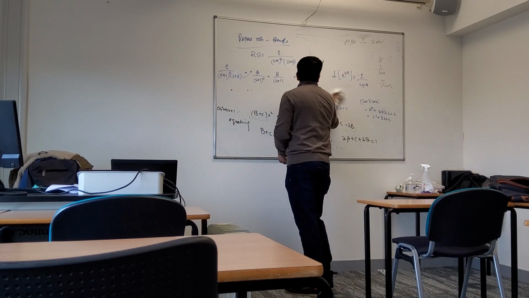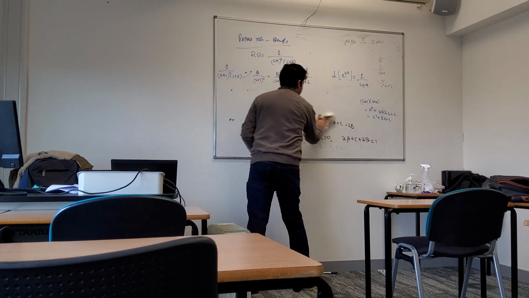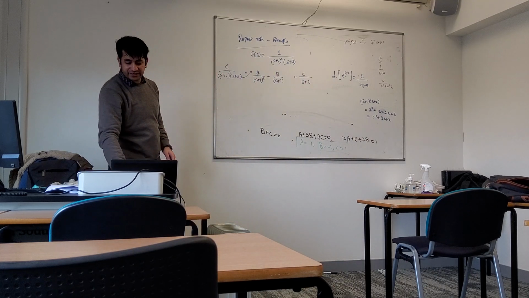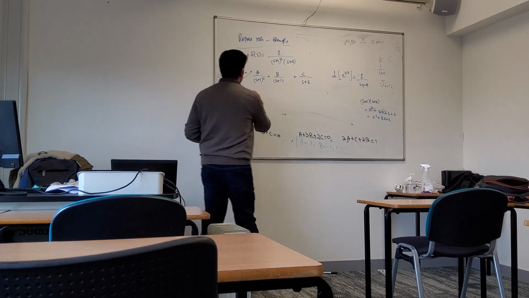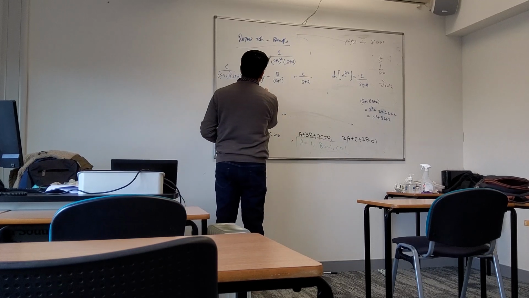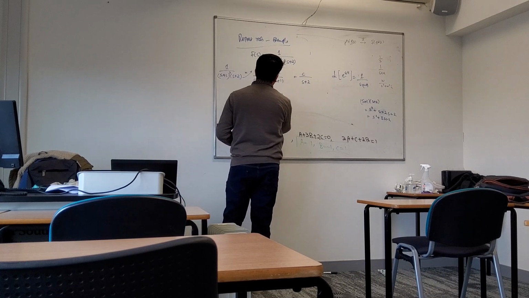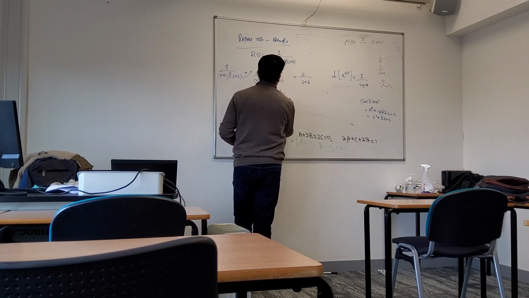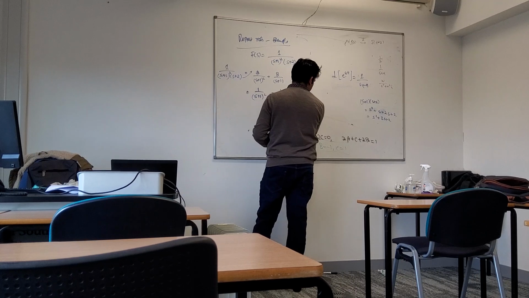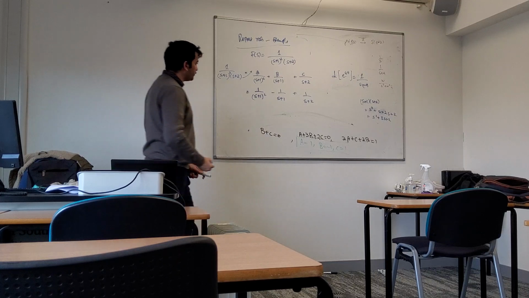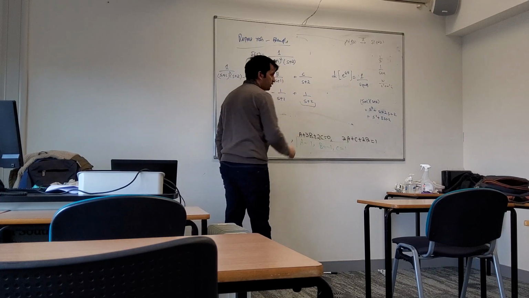Now we can write this equation as: A is 1, so 1 divided by (s plus 1) squared, B is -1, so -1 divided by (s plus 1), and C is 1, so 1 divided by (s plus 2). Who will find the inverse Laplace transform? Okay, just tell me what would be the inverse Laplace transform for this part?